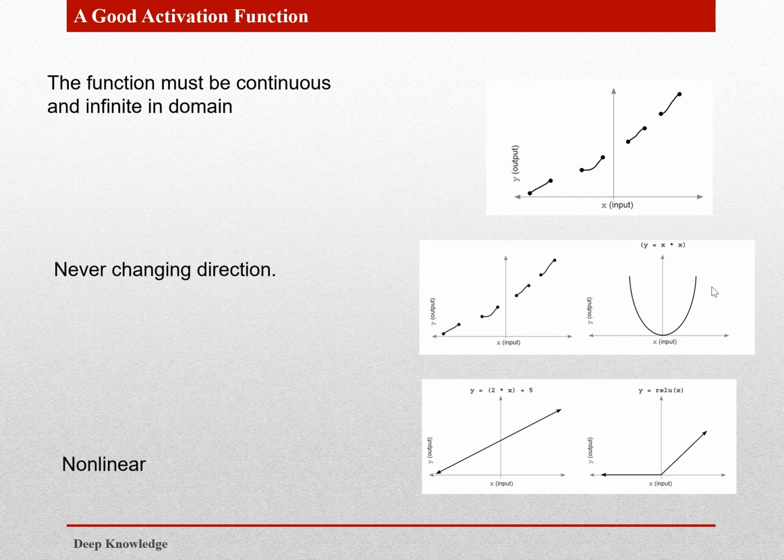This is not good, it's confusing, I would say. So a good activation function never changes direction, increasing like this, or decreasing like this. I mean, one of these: either only decreasing or only increasing.